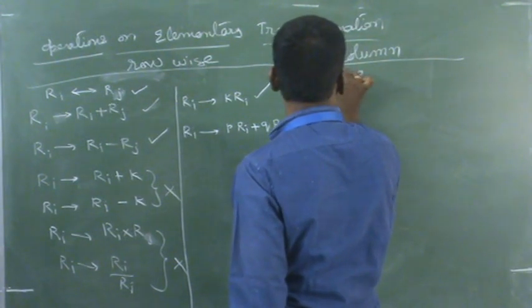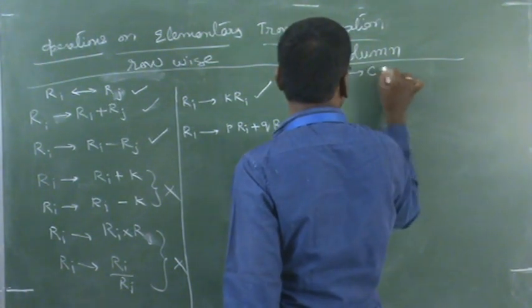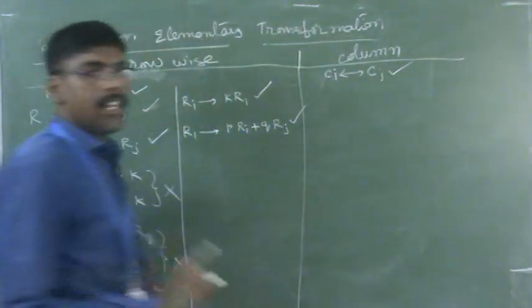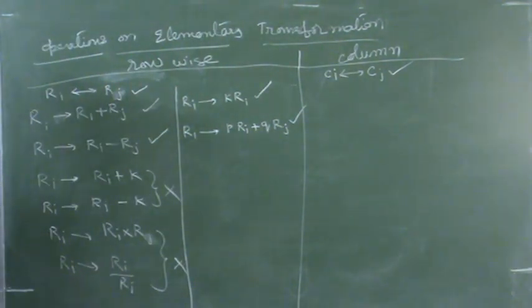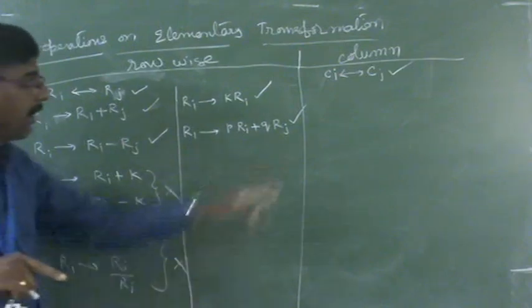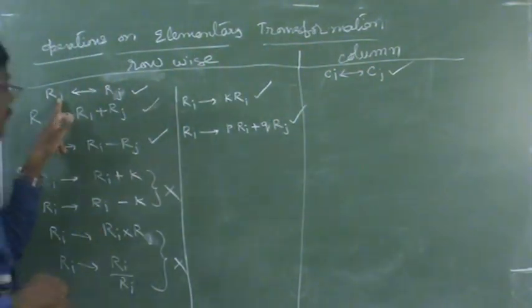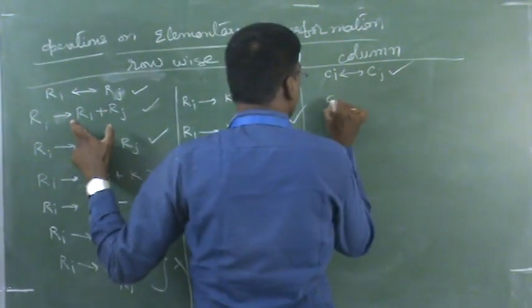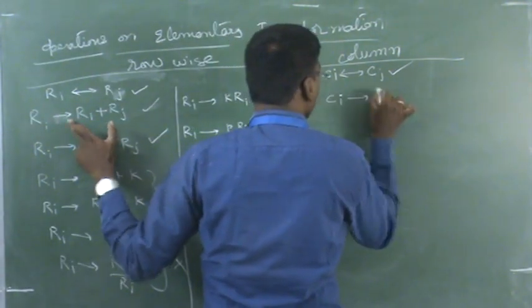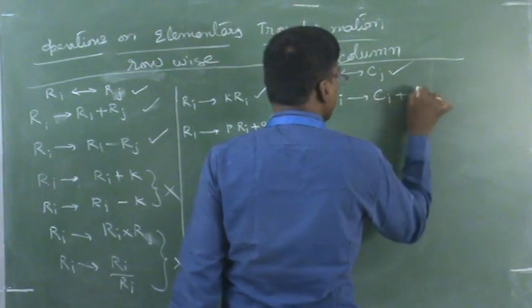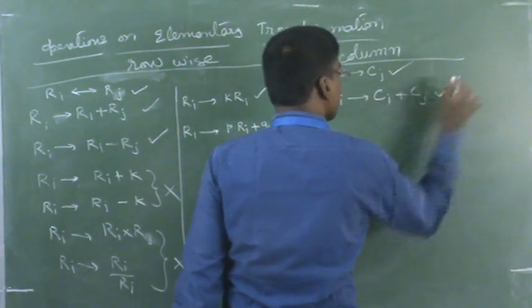Columns interchanges existence. Columns C1 interchanges to C2, C2 interchanges to C3. Two columns exchanging, that is interchanging, is possible. Same condition, Ci tends to Ci plus Cj existence.